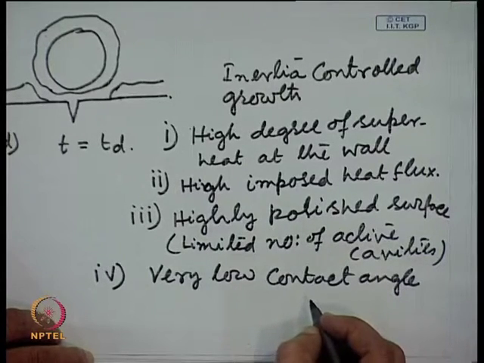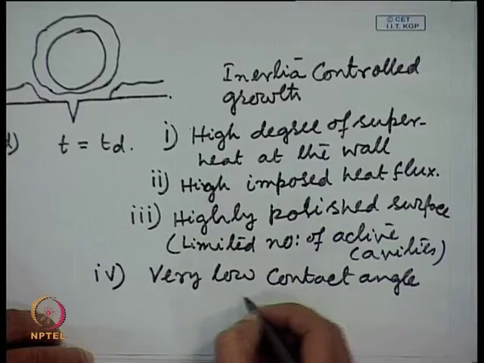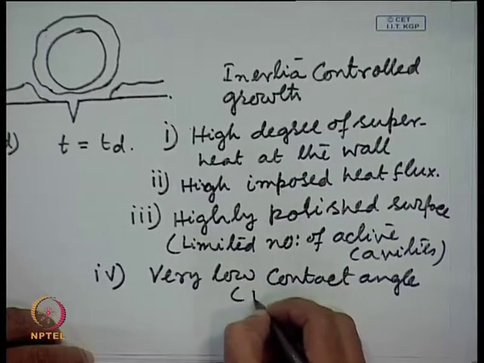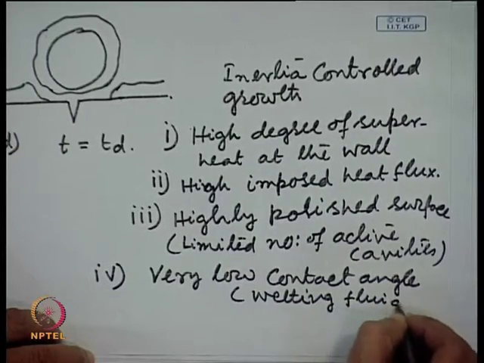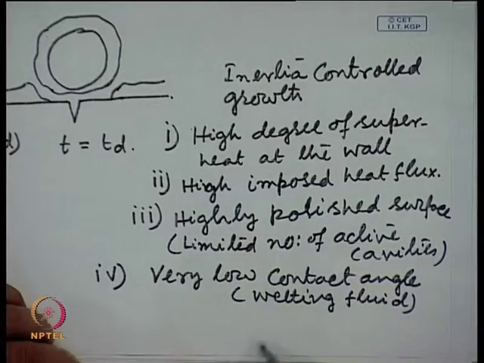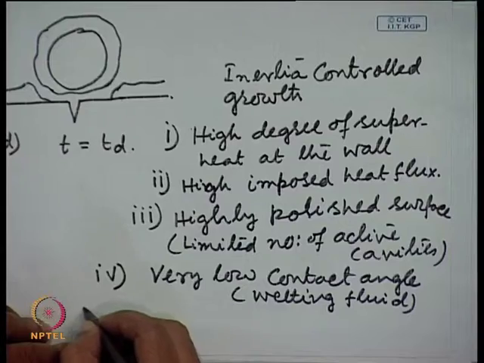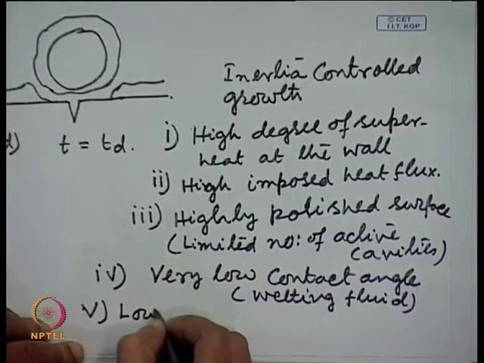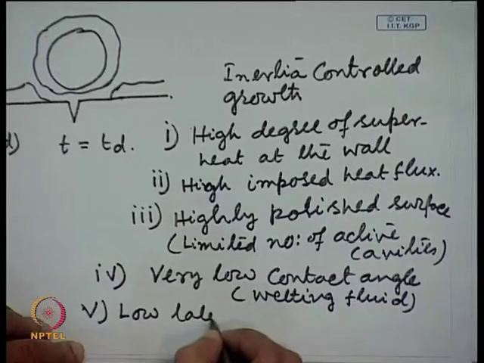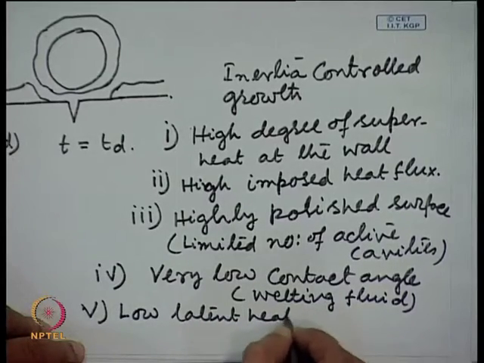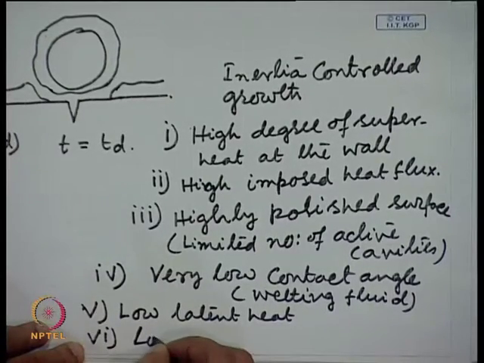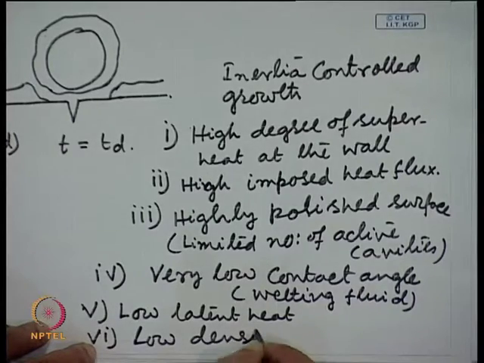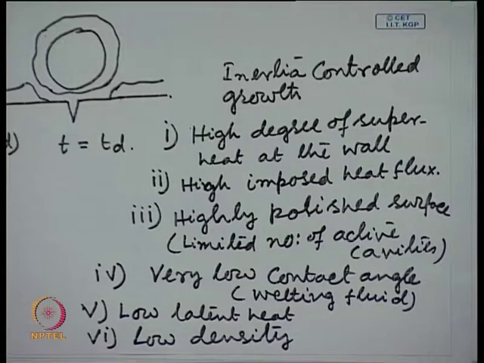So, what does it mean? Very low contact angle means the fluid is a highly wetting fluid. Then low latent heat and then low density. So, if these factors are there, then we will have inertia controlled growth.